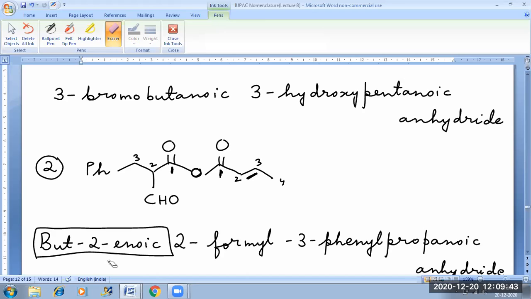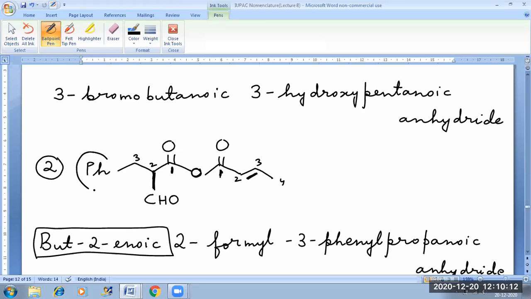Now look at the part which is on the left hand side. The part on the left hand side contains CHO as a substituent at the second carbon atom. So I wrote 2-formyl, because formyl is the prefix for CHO as a substituent. 2-formyl, 3-phenyl.